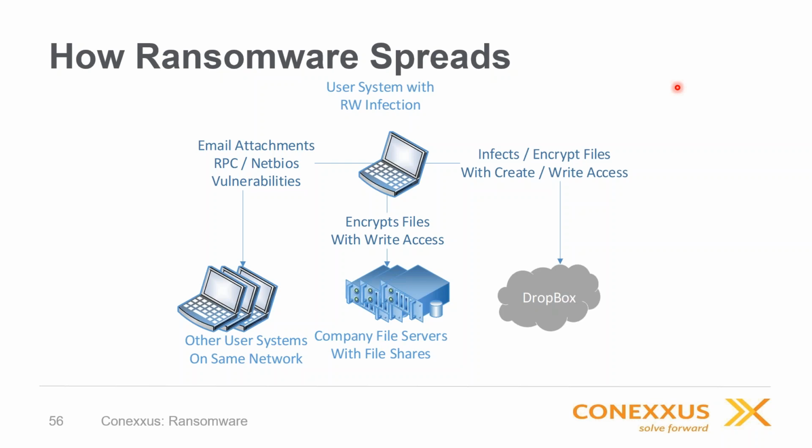So think about Dropbox. Be sure that you're scanning Dropbox for ransomware. It's not just something in the cloud that you don't have to worry about. It can contain attacks, and you don't want it spreading that way.